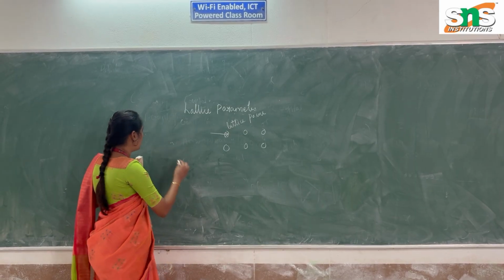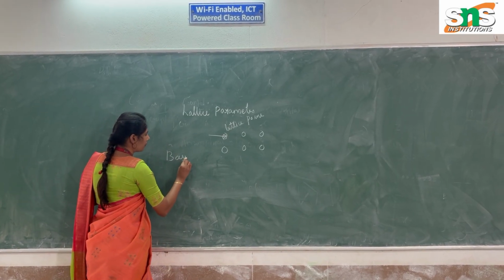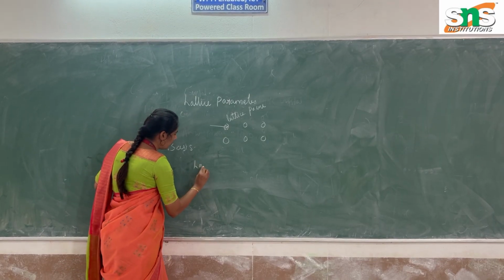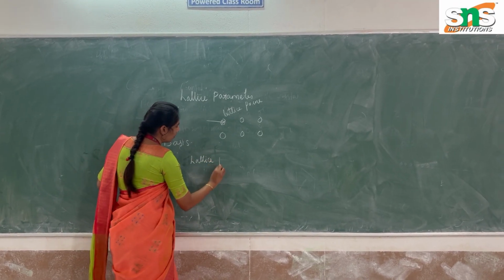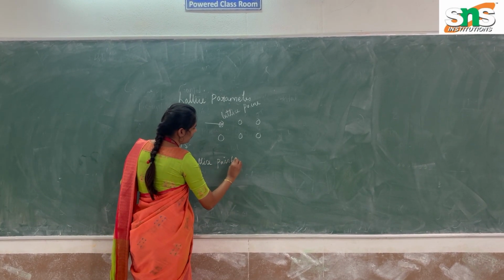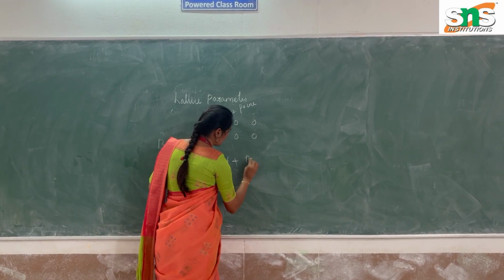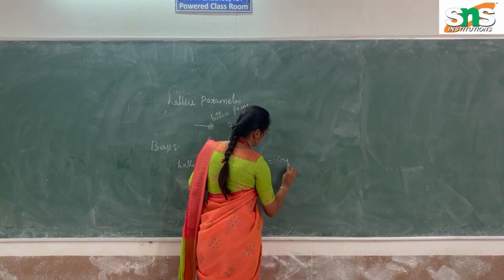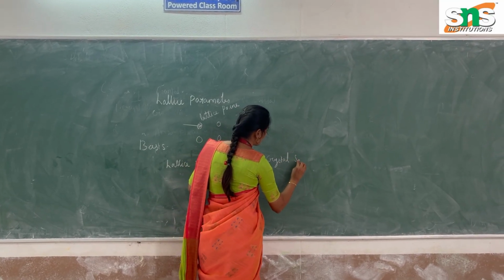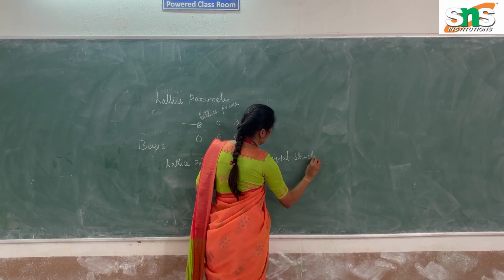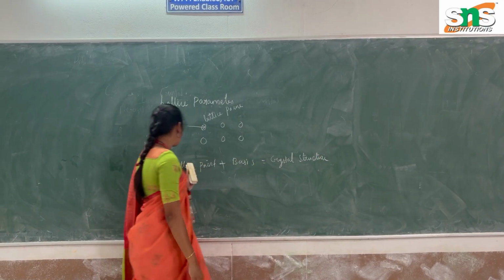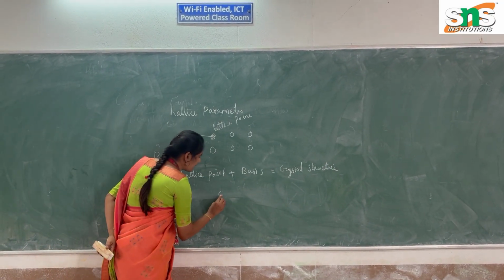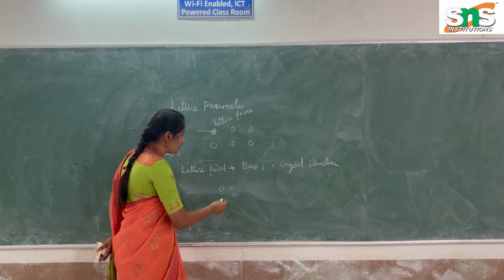And the next one is basis. What is basis? Lattice point plus basis will form a crystal structure. For example, lattice point is nothing but the position of the atoms, and basis is the atoms or molecules.